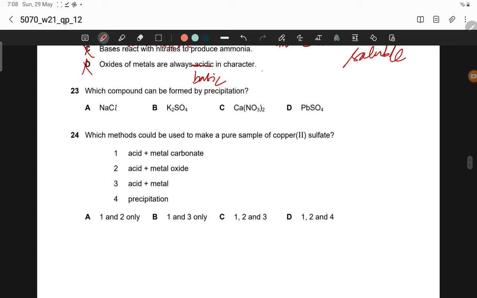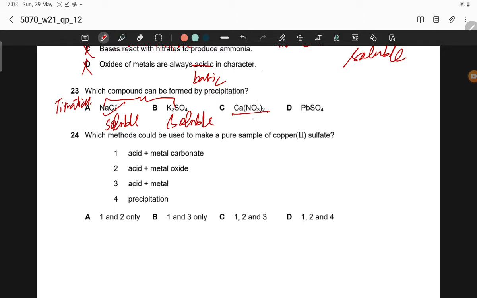Which compound can be formed by precipitation? This is a soluble salt and this is also soluble. Both can be formed by titration because these are group 1 salts. Titration, not precipitation.